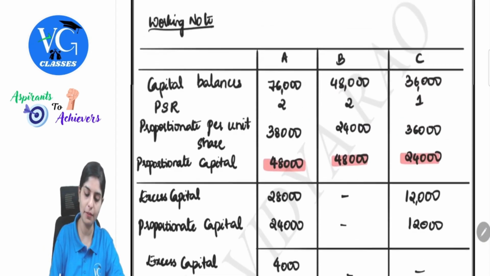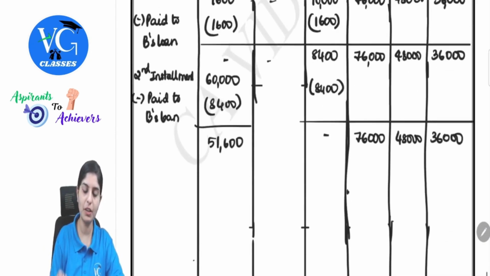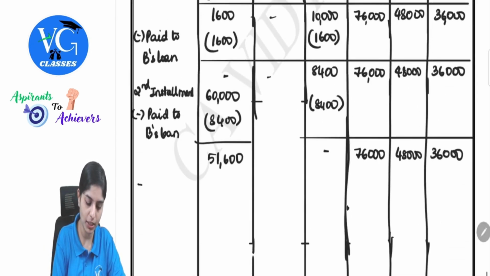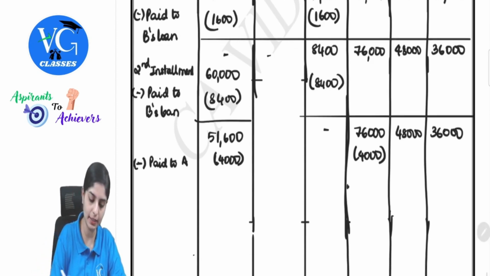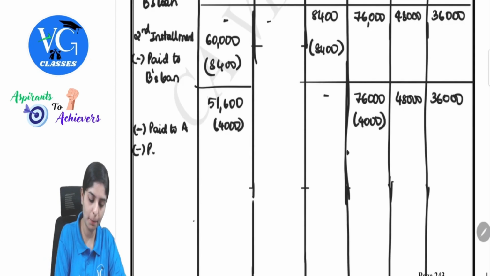So using this, I will pay to the partners. 51,600 is available. First preference, I will use it to pay to A, which is 4,000. 4,000 paid to A, 51,600 minus 4,000, I will be left with 47,600. So next will be paid to A and C, 36,000.